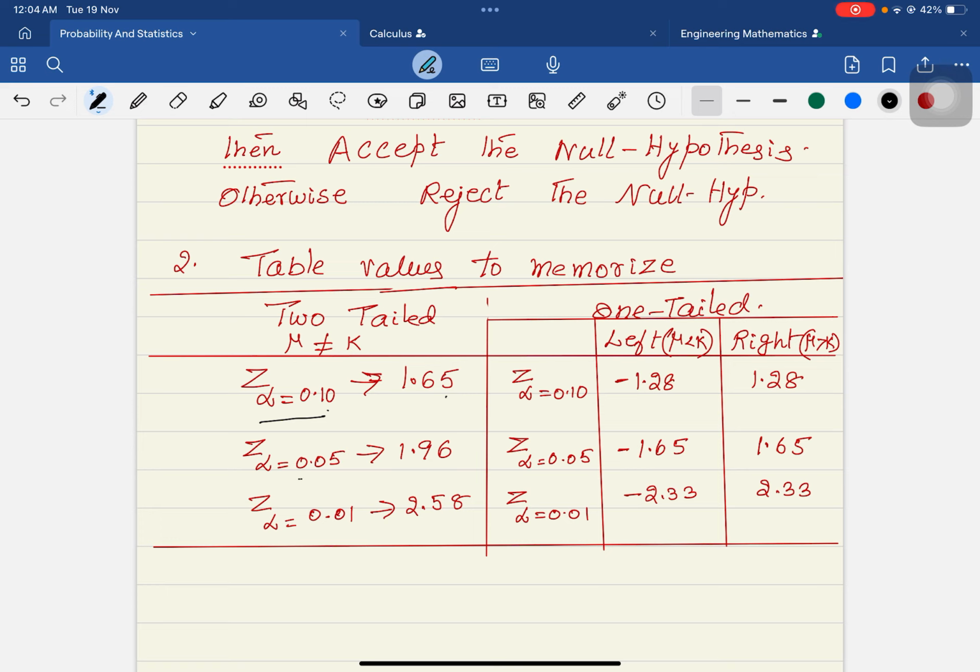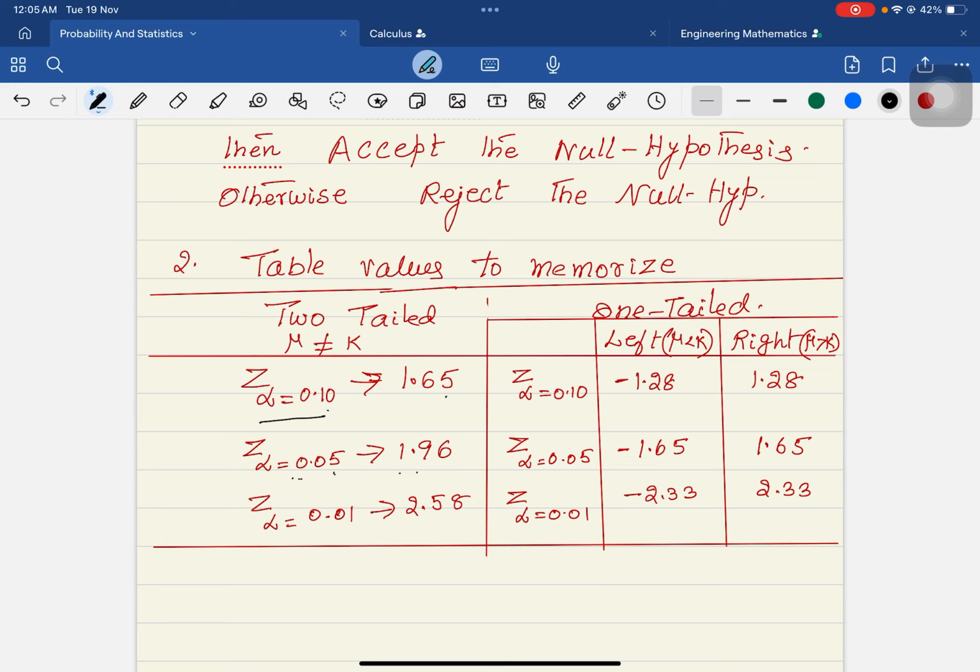When it is 95% confidence, alpha is 0.05, then it is 1.96. And when alpha is 0.01, that means 1% is the critical region, which is 99% confidence, it is 2.58. So for 90% confidence it is 1.65, 95% confidence it is 1.96, and 99% confidence it is 2.58. These are the table values for two-tailed.